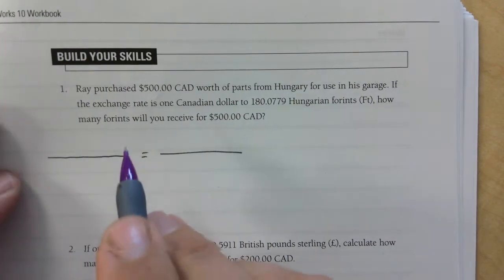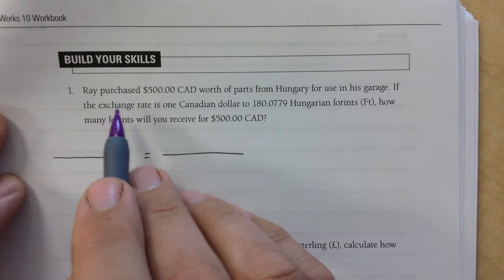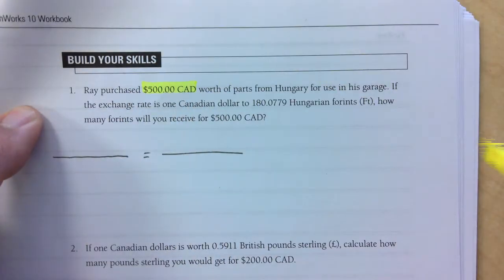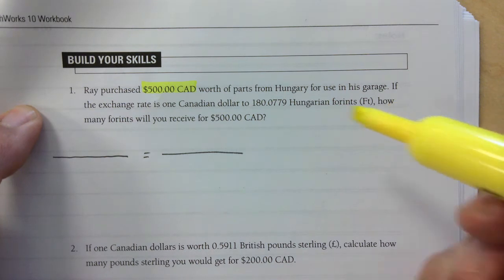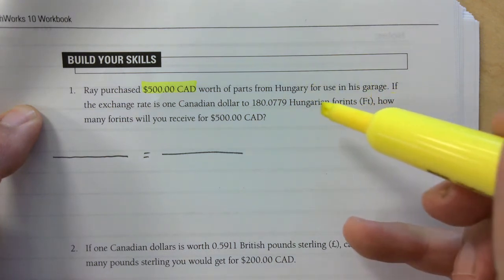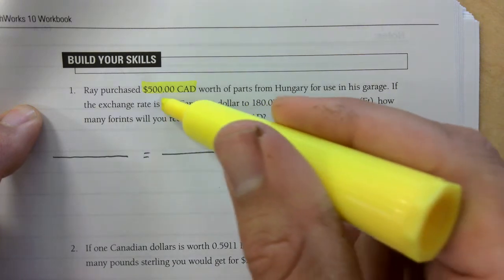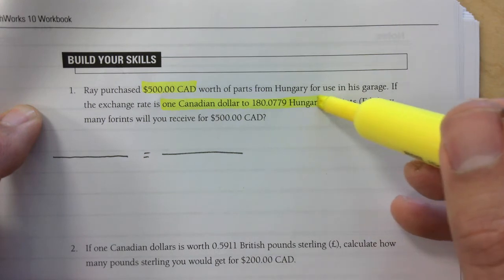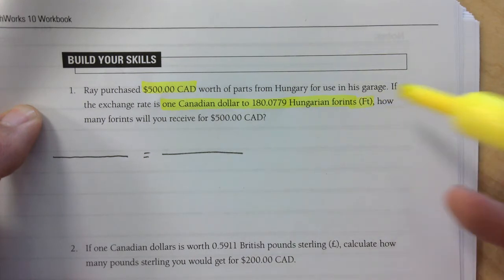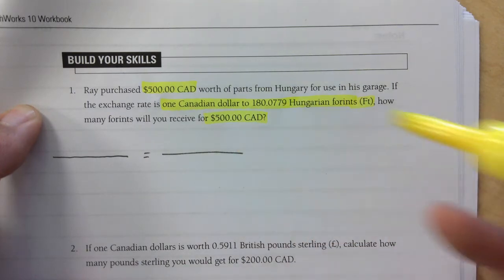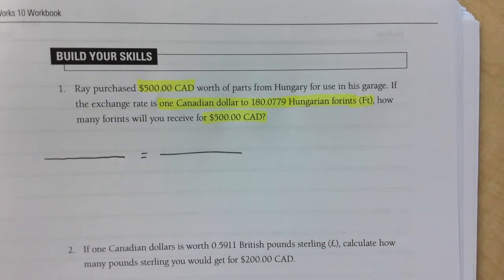So Ray purchased 500 Canadian of parts from Hungary for use in his garage. If the exchange rate is 1 Canadian to something forints, how many forints will you receive for 500 Canadian?